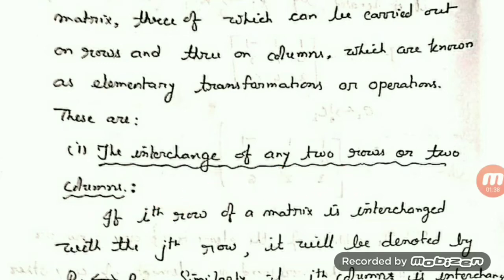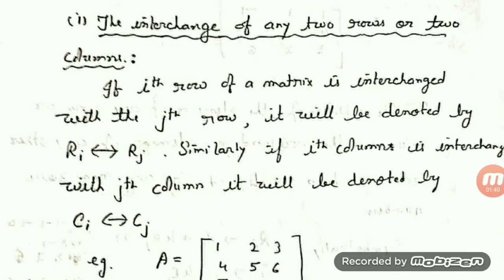Suppose we consider the ith row and the jth row of a matrix, any 2 rows of the matrix, then it is possible to interchange them. That means Ri takes the position of Rj and Rj takes the position of Ri. This is symbolically denoted like this. That means the ith row and jth row can be interchanged.